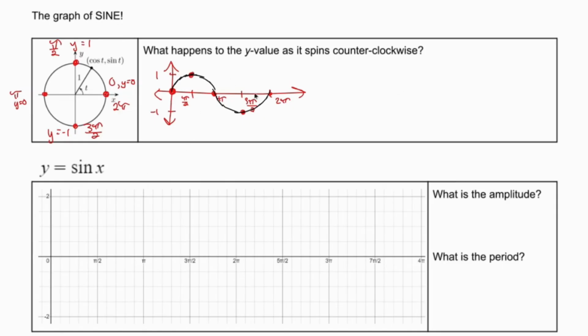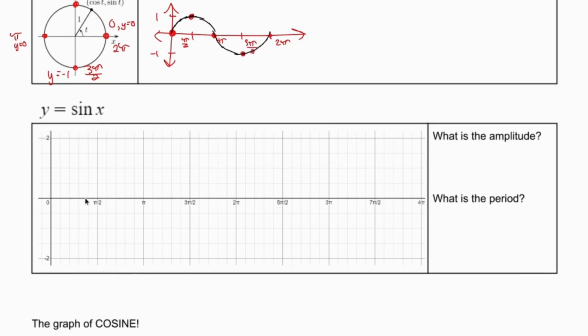So let's turn that guy into the actual graph down here. We're at 0. This is 2 pi, so let's mark off 1 right there. Let's mark off negative 1. At 0, we're at 0. At pi over 2, we hit 1. At pi, we're at 0 again. At 3 pi over 2, we hit negative 1. At 2 pi, 0 again.